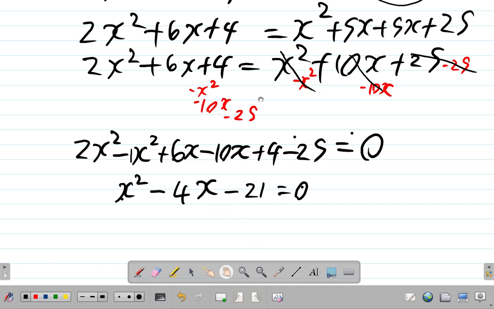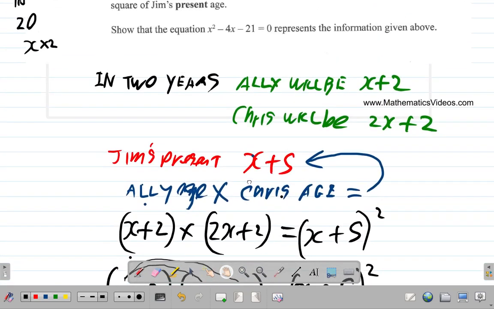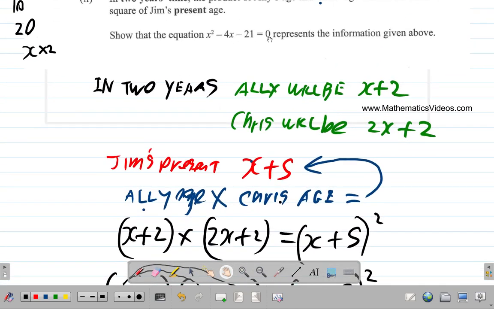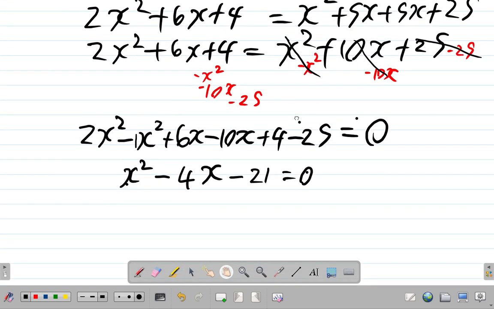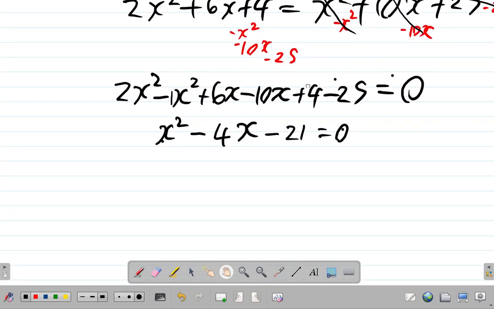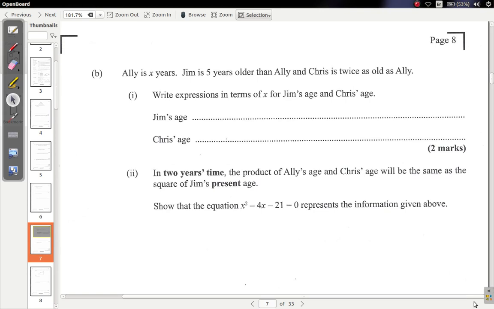We'll see if I do the same thing up here: x squared minus 4x minus 21 equals 0. Right. It's easy to make mistakes with this kind of question, the way they write it mixes you up. But anyway, we'll see what happens.